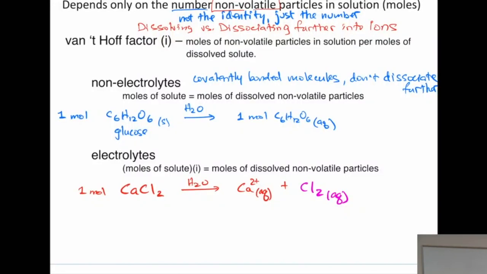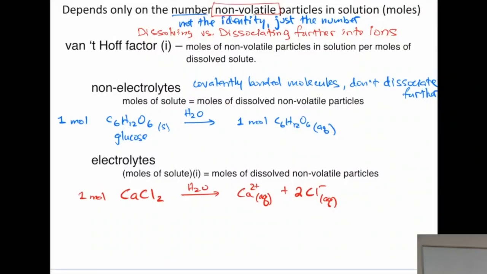This is wrong. Don't be that student that gets this wrong. It's Gen Chem 2 now, all right? Chlorine gas, Cl2, that's how chlorine exists in nature. This is an aqueous solution. This is going to be 2 Cl- in aqueous solution. So for every 1 mole of calcium chloride that dissociates, it dissociates into 1 mole of calcium ions and 2 moles of chloride ions.